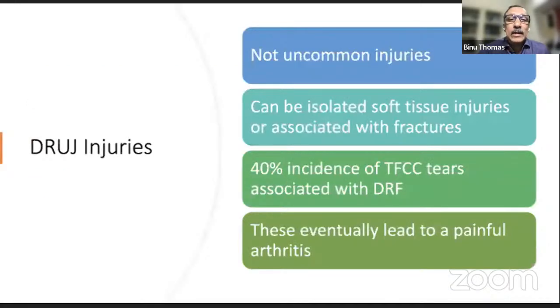So the distal radioulnar joint injuries are not uncommon, and these can be isolated soft tissue injuries or also associated with fractures. It is interesting to note that 40% of the TFCC tears are associated with distal radius fractures. And these injuries eventually lead to a painful arthritis.